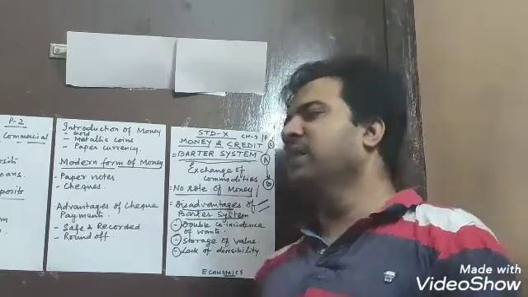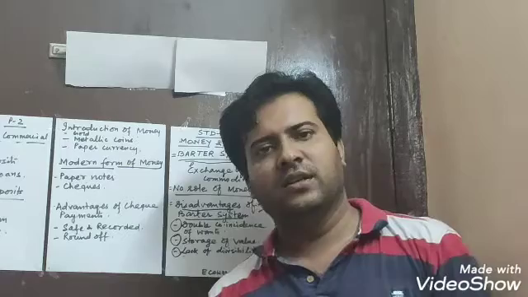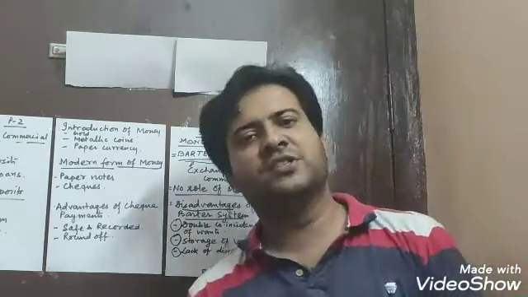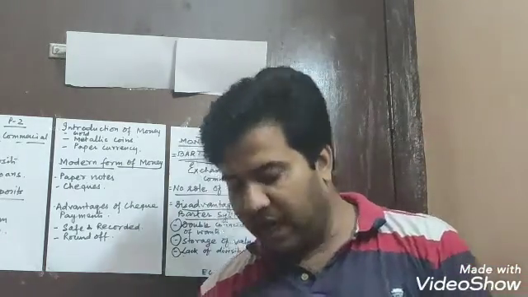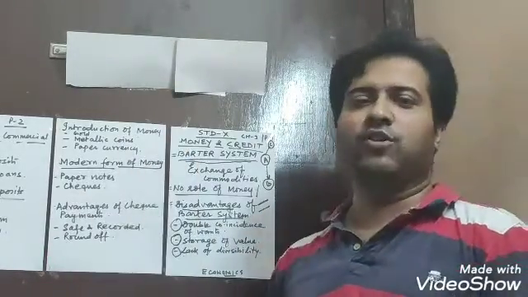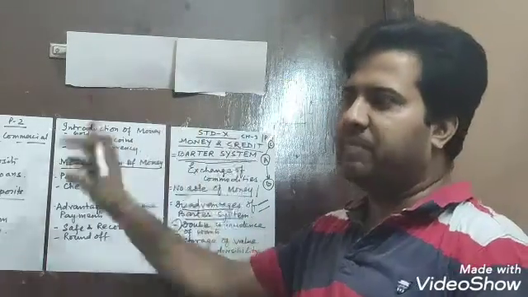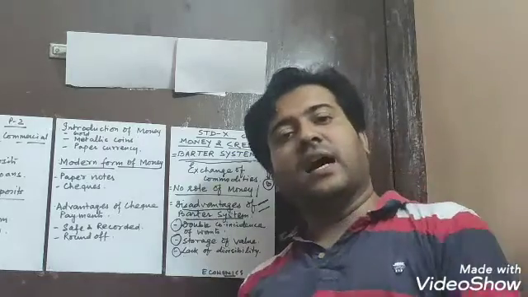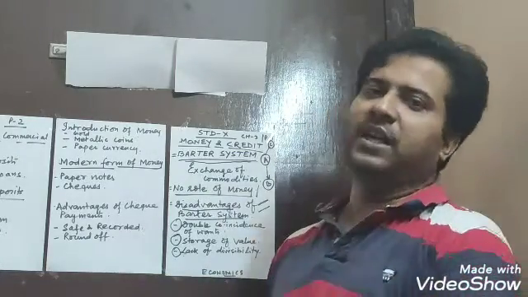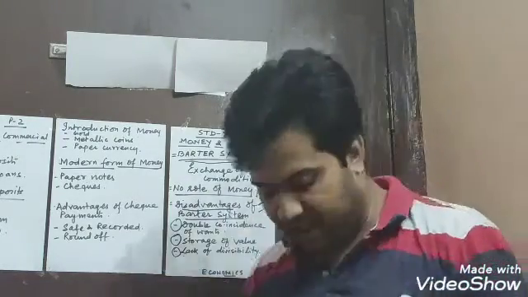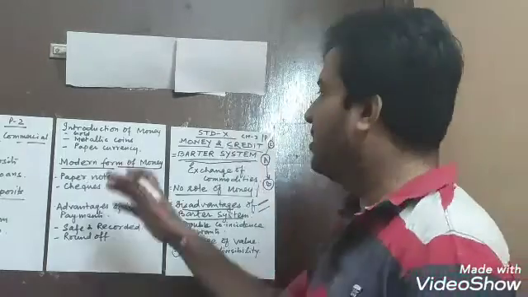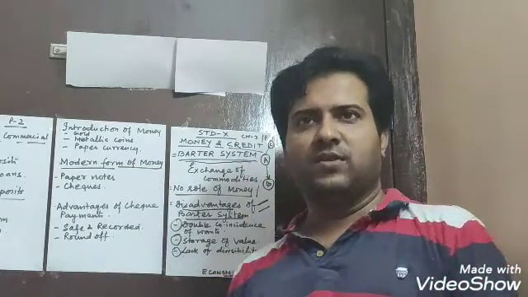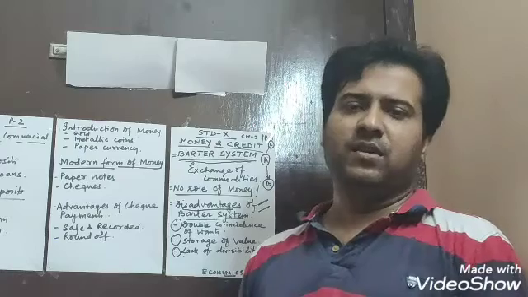When all these problems were faced, the introduction of money took place. The traders decided to bring a common factor of exchange, a common element that could be accepted as a medium of exchange. Then the idea of money came in the minds of the traders. Now, what is this money? Not the coins or notes that we see now.